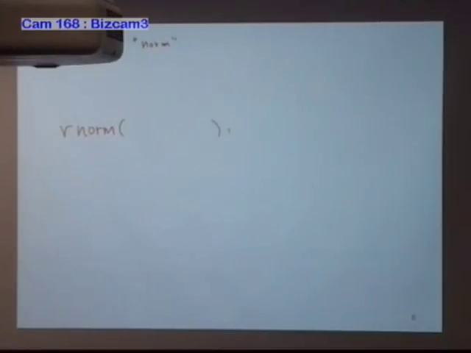The function takes some input. It is for generating data points, simulating points that follow a normal distribution. So you need to tell R how many points you want, what the mean is, and what the standard deviation is. When you specify a normal, there's a mean and an SD somewhere, and how many points you want.